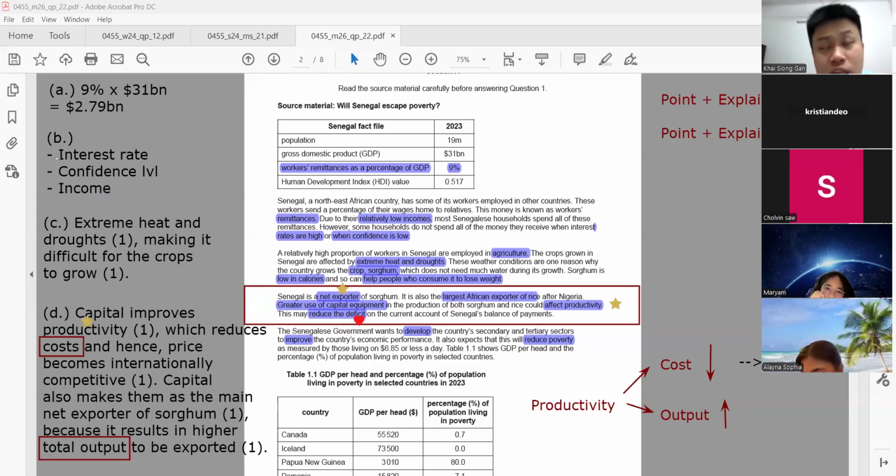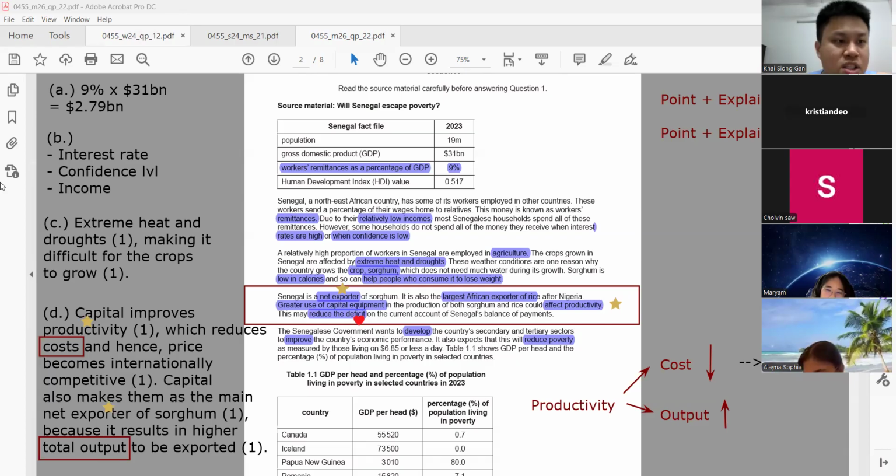And I relate the statement to the article by talking about productivity and also the net exporter. Net exporter means they are mainly exporting sorghum. So here we are answering how the use of capital allows them to be the main exporter of sorghum. Okay. So therefore, back to your normal question.